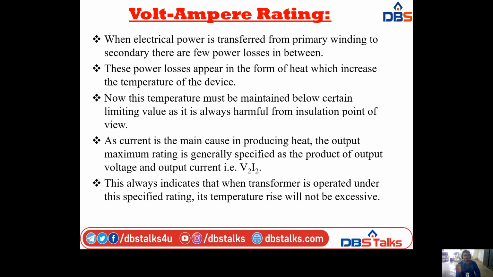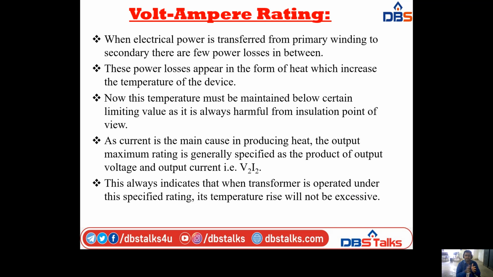These power losses appear in the form of heat, which increases the temperature of the device. This temperature must be maintained below a certain limiting value, because it is always harmful from the insulation point of view.